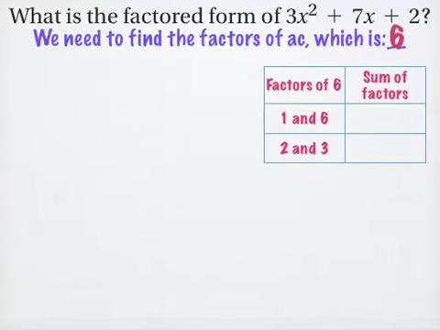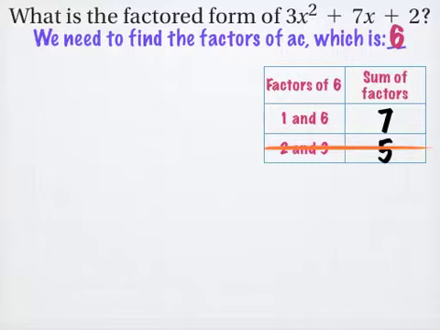Factors of 6 are positive 1 and positive 6. Notice my b is positive, so I need to write the positive factors. 1 plus 6 is 7, and then 2 and 3 are also factors of 6, and their sum is 5. We need to use 1 and 6 because I need the sum to be equal to b, which is 7.